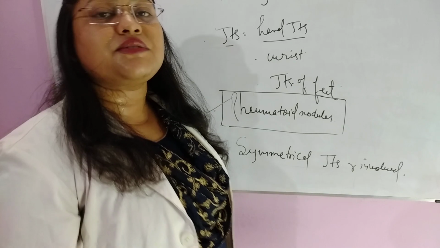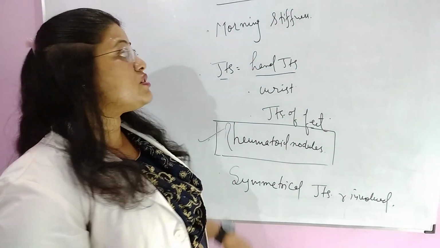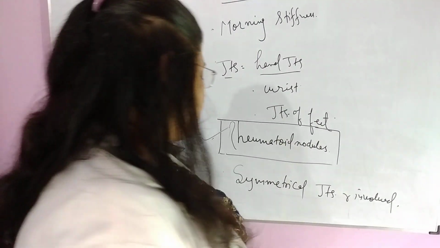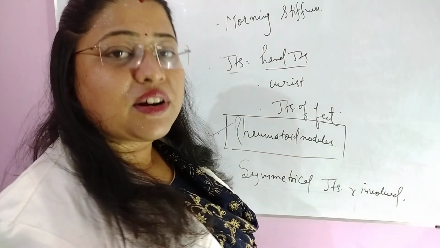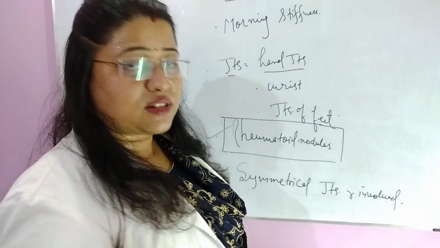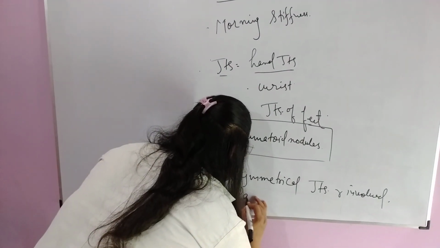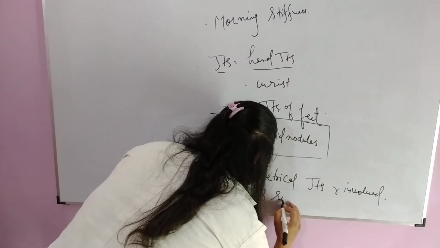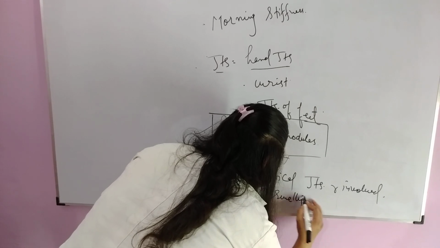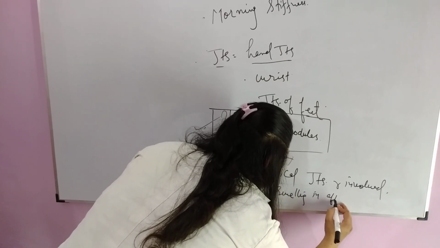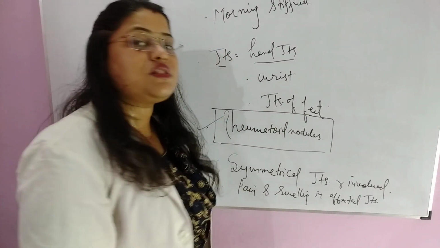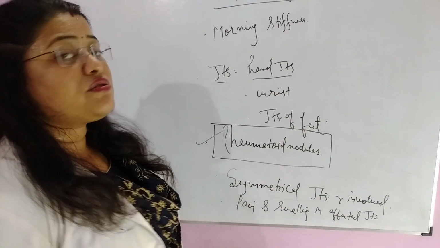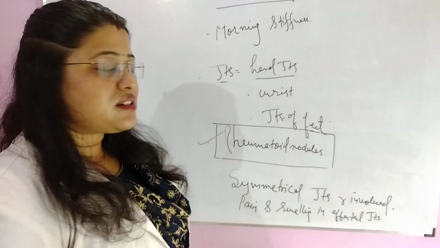Its symmetricity is one of the diagnostic features of rheumatoid arthritis. Pain in affected joints, swelling in affected joints. So these are the main clinical features of rheumatoid arthritis.